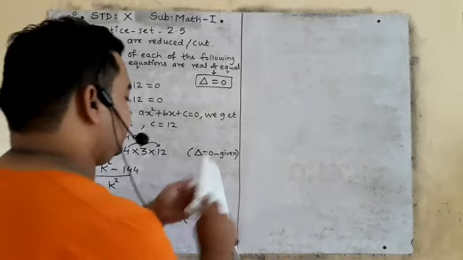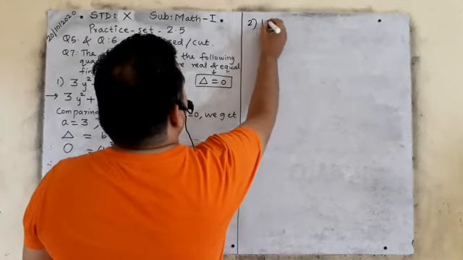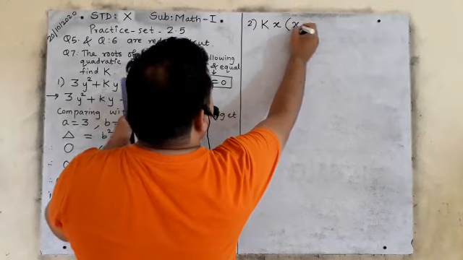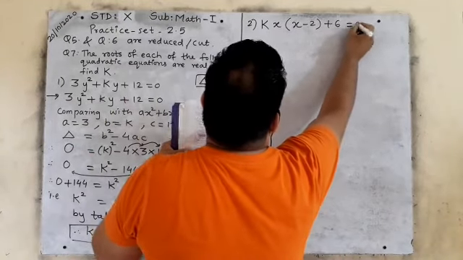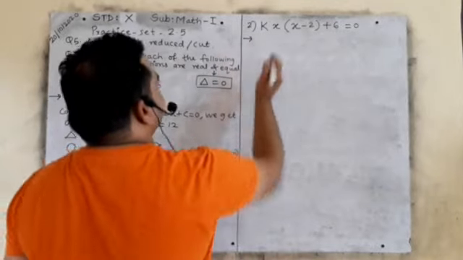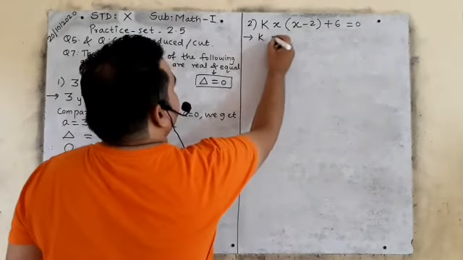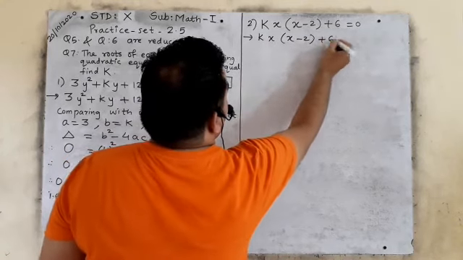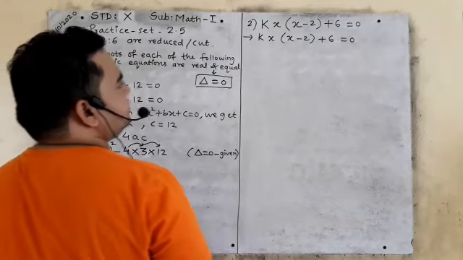Just pay attention. The second question is kx multiplied by x minus 2, plus 6 is equal to 0. First we will write the question as it is. I think you will first multiply, right?